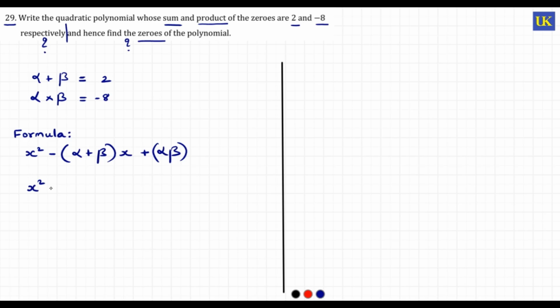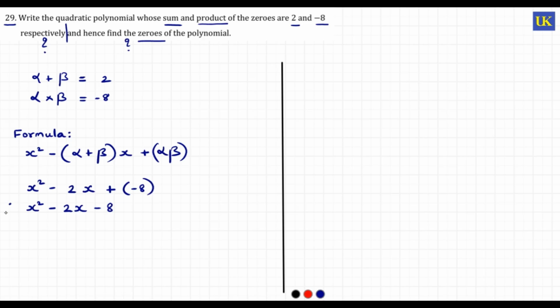Now we'll input the values here. So x square minus alpha plus beta, which is 2, and x as it is we will write, plus alpha into beta, which is minus 8. So x square minus 2x plus minus will become minus 8.